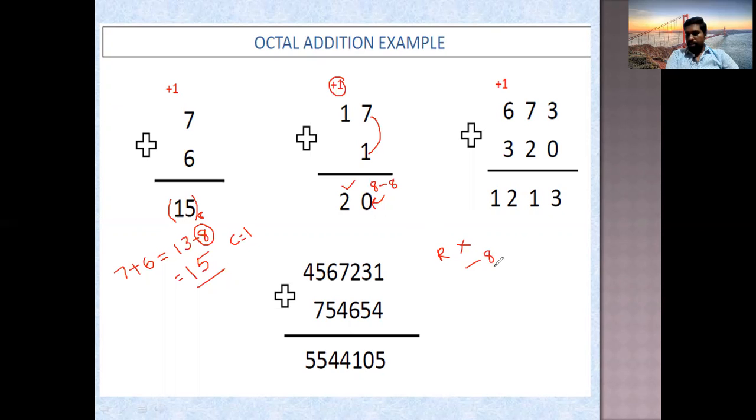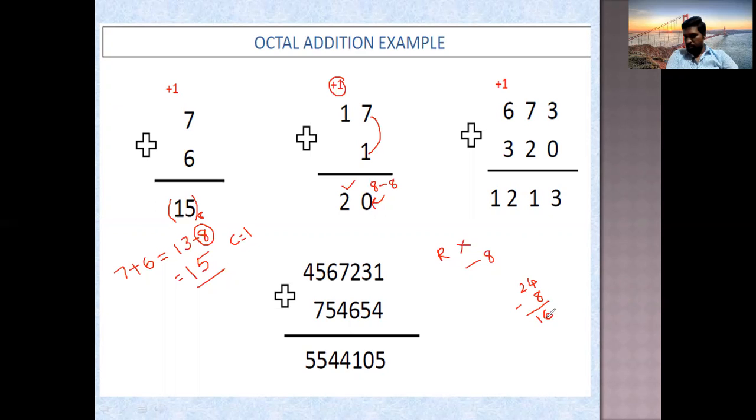In some conditions we need to subtract 3 or 4 times, until the result comes within the range. Suppose you got the answer as 24. 24 is not in the range of octal, so subtract 8. 24 minus 8 gives 16.